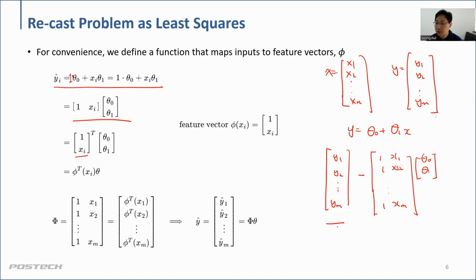So this is a column vector, and this creates another column vector. There are two vectors, and I want to minimize the distance between them.